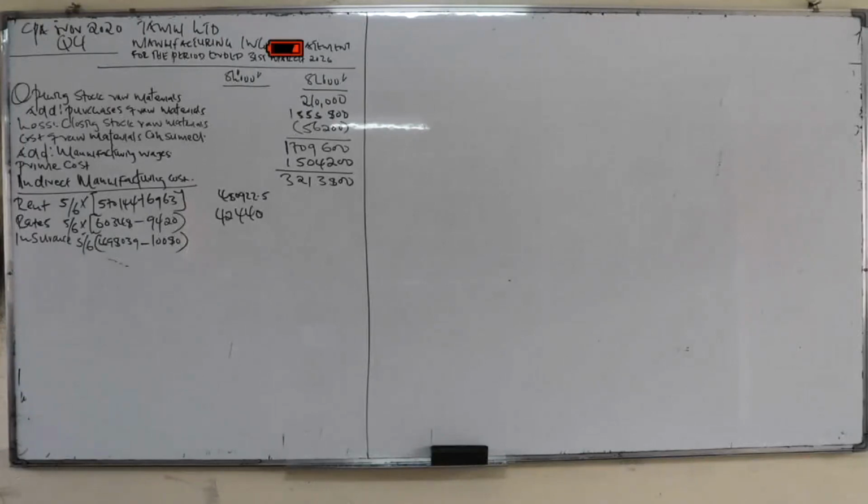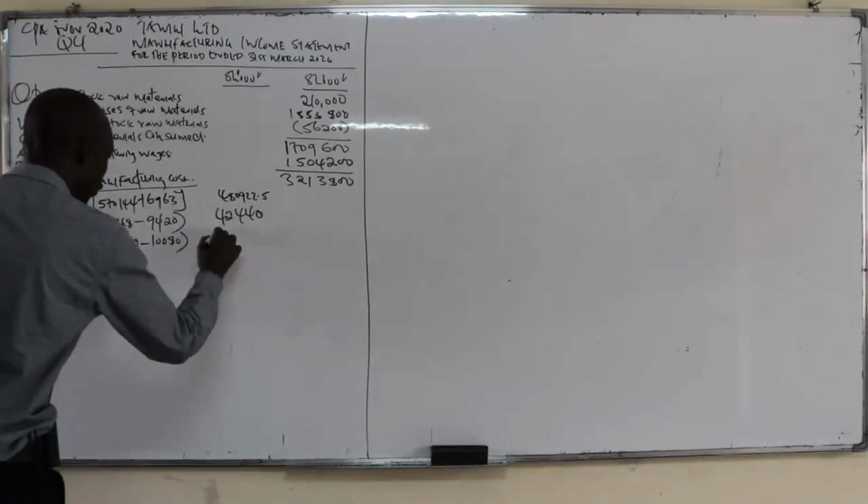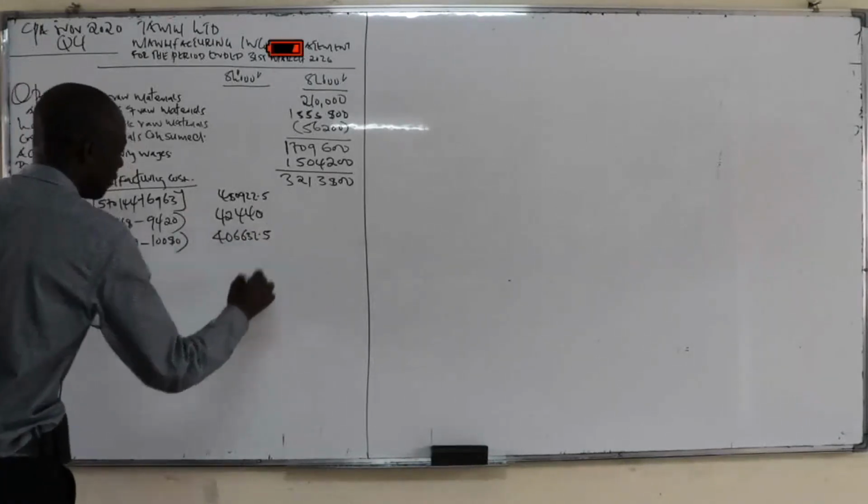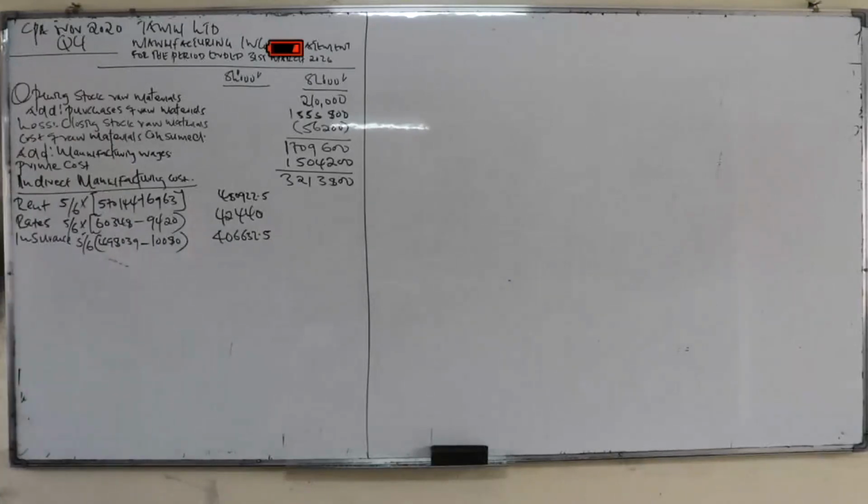Don't write, just participate in calculation and listening. This is very important. Company accounts and manufacturing accounts, one question must appear in the exam. How much does it come to? 406,632.5. You are right. We are done with insurance.